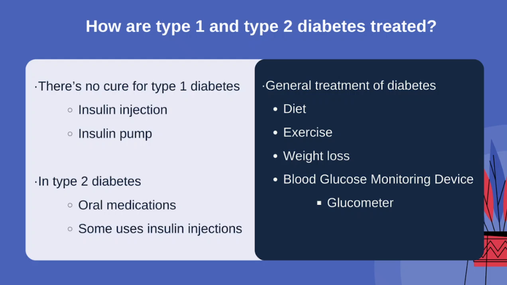In type 2 diabetes naman, it can be managed and even reversed with proper discipline in the diet and exercise alone. But sa panahon ngayon, many people really need extra support. So what the doctors do is that they prescribe medications that will help their body to use insulin more effectively.